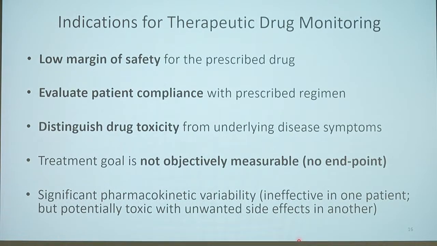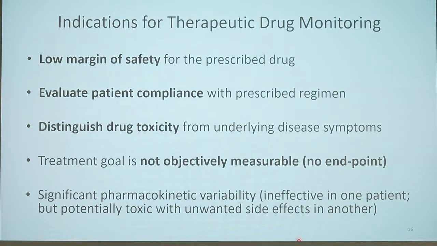Why do we use TDM? Well, we use it for drugs that have a narrow safety profile that we talked about, phenytoin. There's some other examples we're going to talk about. We also use it because the condition that the patient has, the disease or whatever disorder or condition, there's no clinical endpoint in mind.